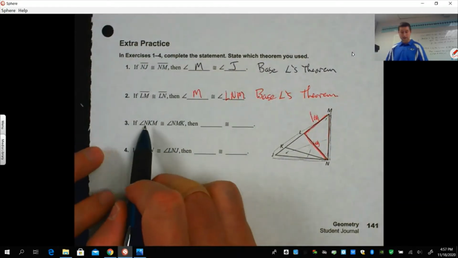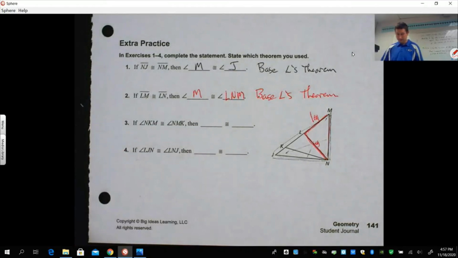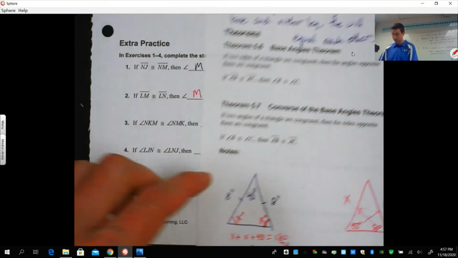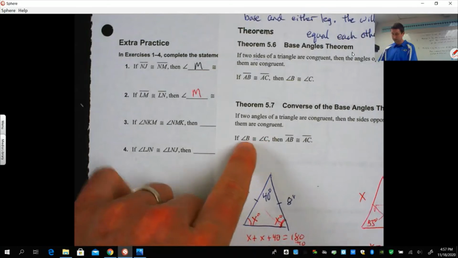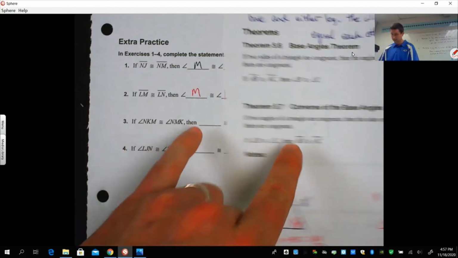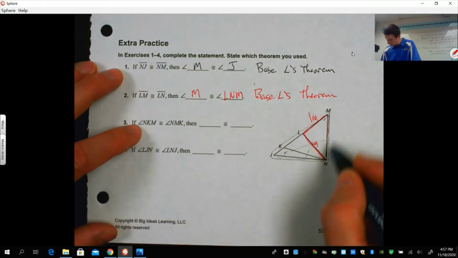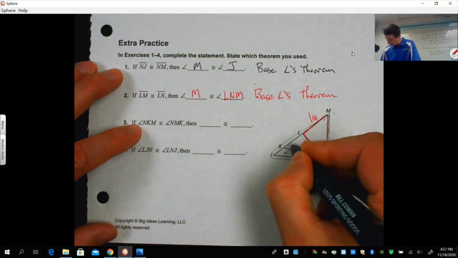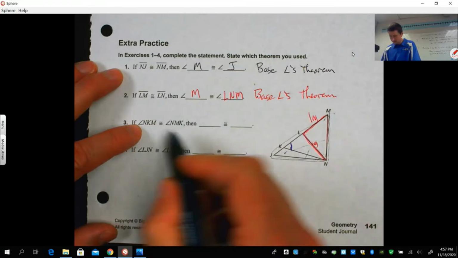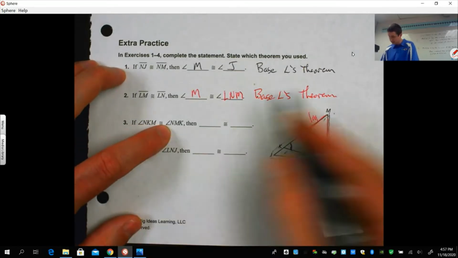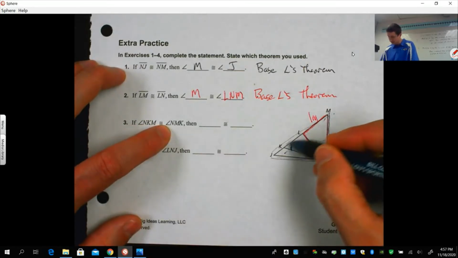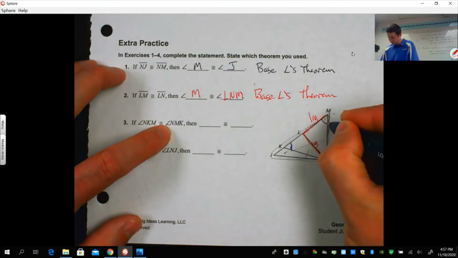Okay, notice now they're giving us angles. That's probably going to tell me we're going to use the converse of the base angles theorem. Because if the angles, then the sides. So let's see here. NKM, this angle here, is congruent to NMK, this angle here.